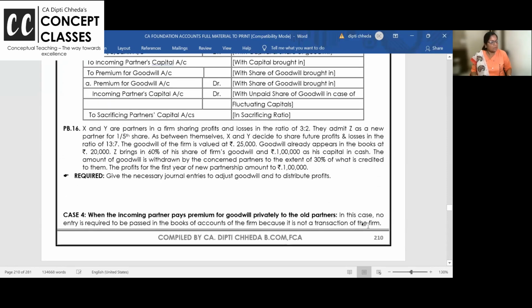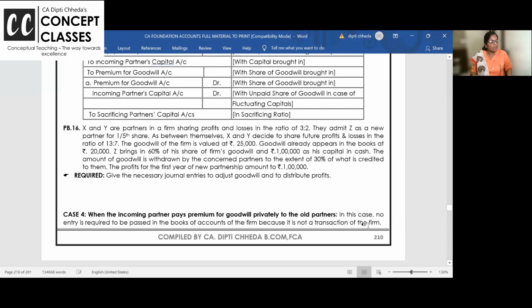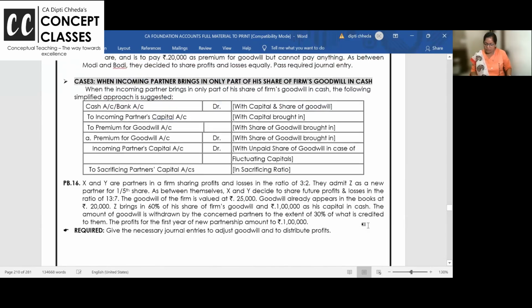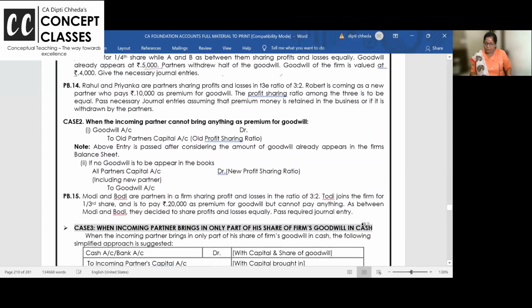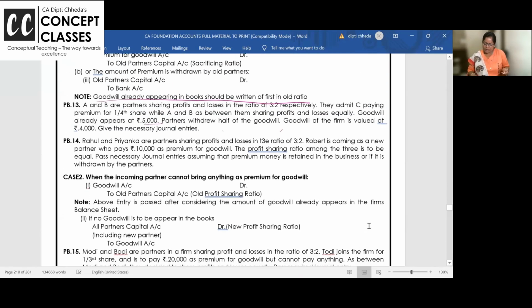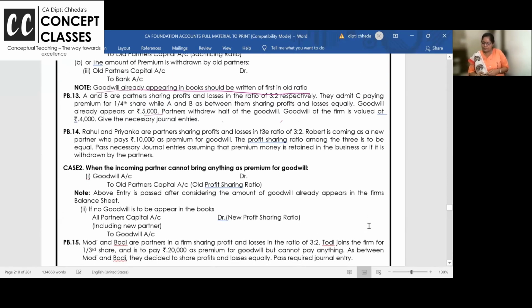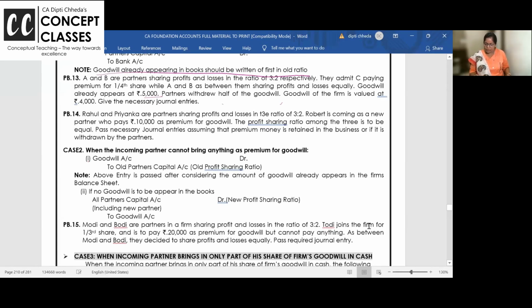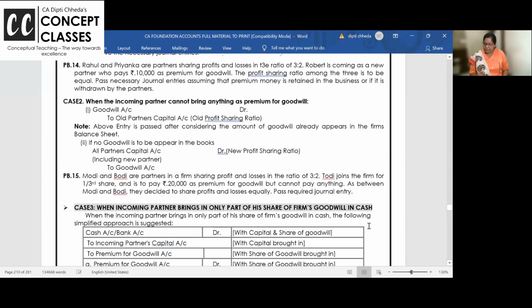Rahul and Priyanka was 14th. No, this problem is this one. 13th. 14th I did first, then reverse I went 13th. 15th तो बहुत simple है, आप कर सकते हैं orally class में.